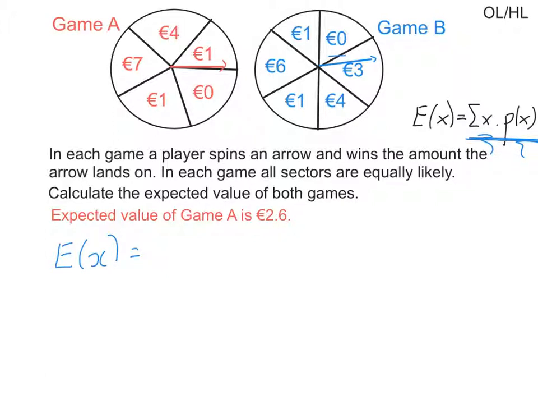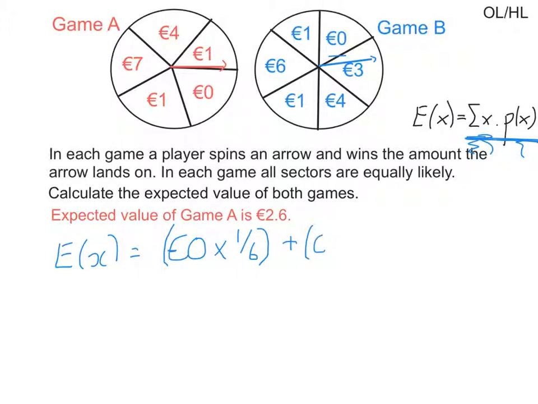So starting off, we have 0 multiplied by the probability of 0, which is 1/6, as this time we have 6 sectors and 1 sector where 0 is. I'm putting brackets around that to make sure I do multiplication before addition. And the formula says to add up the next variable multiplied by the probability.